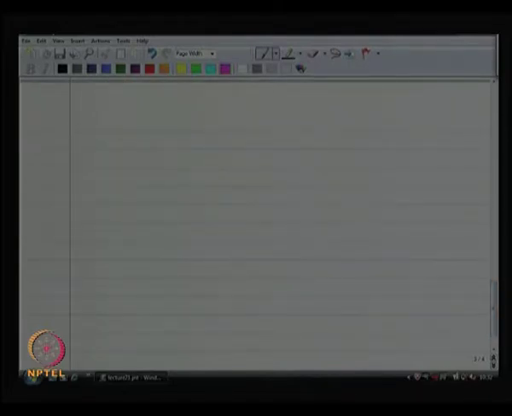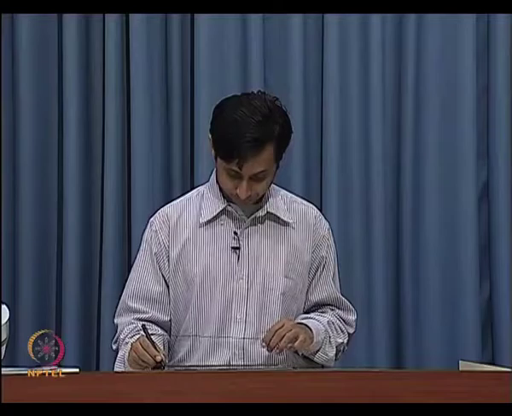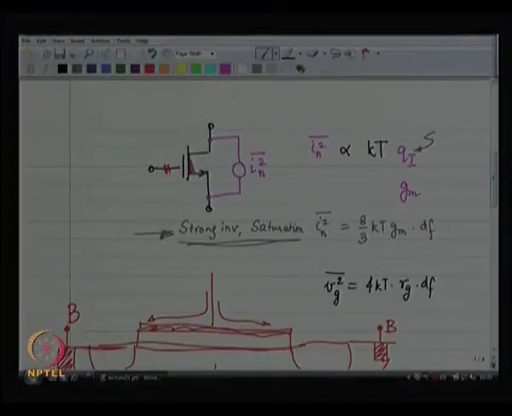How much is that noise voltage going to be? If I succeed in lumping the body resistance as a resistance of a particular value, then that lumped noise voltage squared is again going to be 4kT times that particular resistance times df, when we are looking at the noise over a certain bandwidth, right.